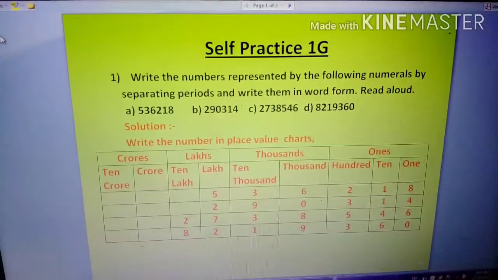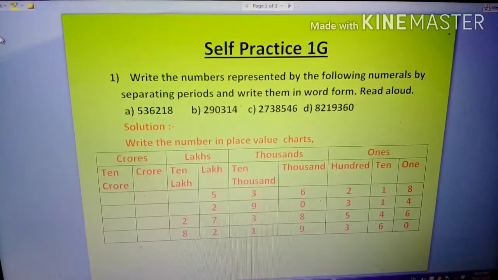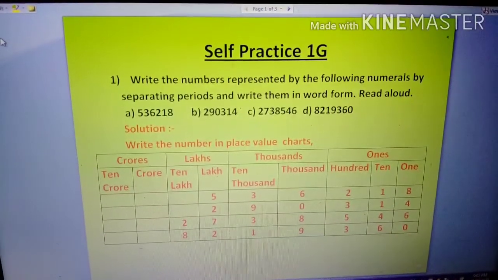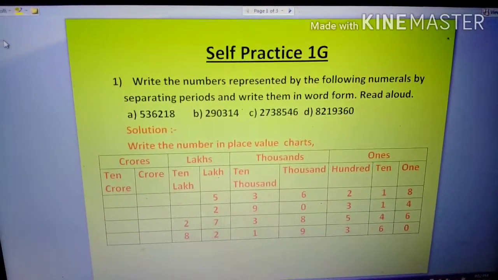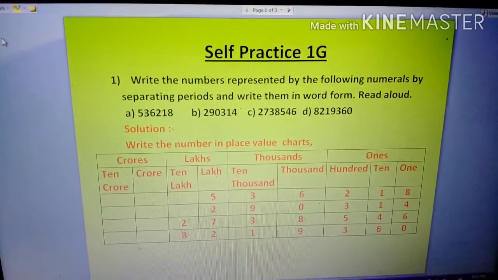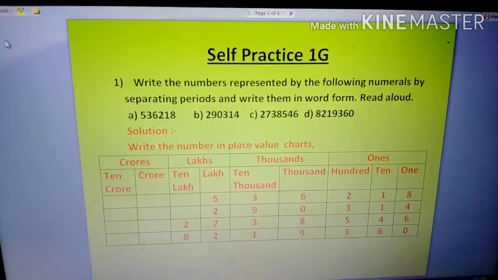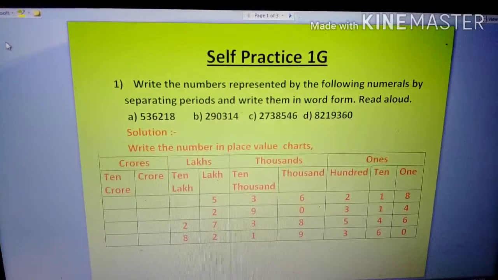Read aloud. Now questions A, B, C and D are given. Okay. Now we see the solution of question 1.